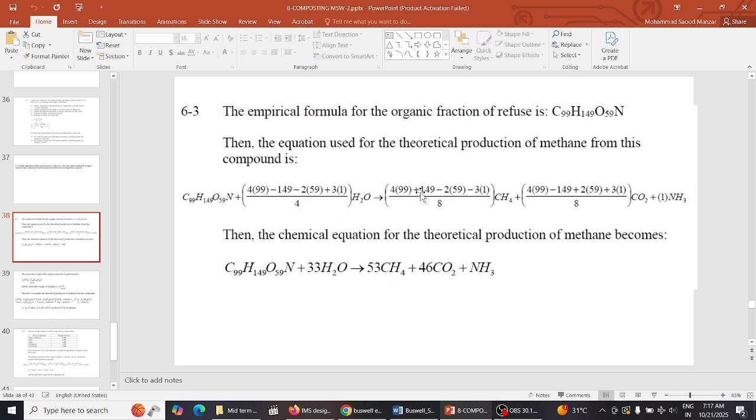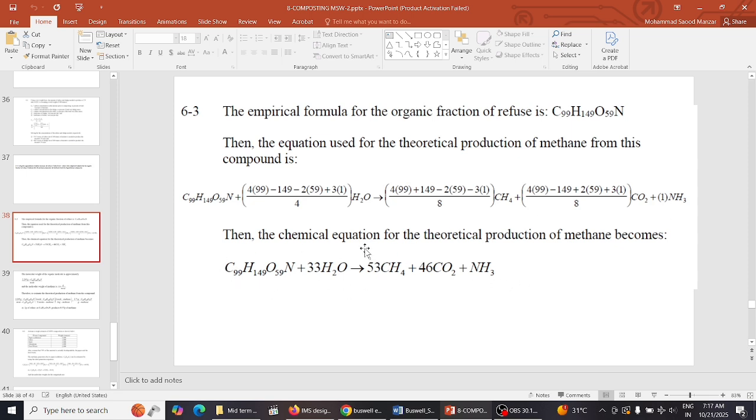Similarly, methane is (4a plus b minus 2c minus 3d) upon 8, and carbon dioxide is (4a minus b plus 2c plus 3d) upon 8. Ammonia on both sides is 1, so this simplifies to this.